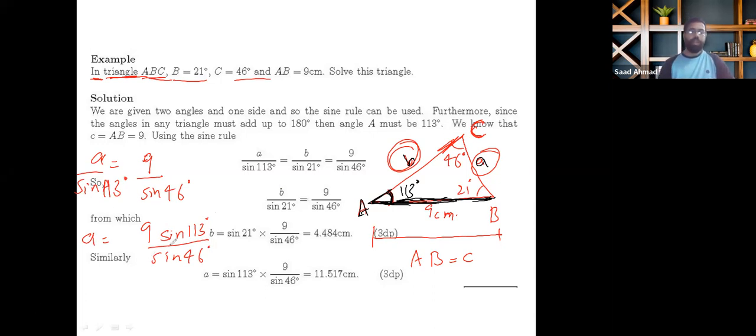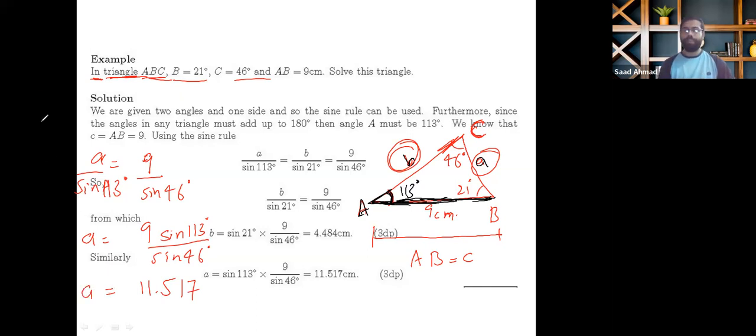Keep your calculator in degrees, not in radians. If your calculator is in radians, you will not get the correct answer. So if we do that, we get 15.11, this is the side A.